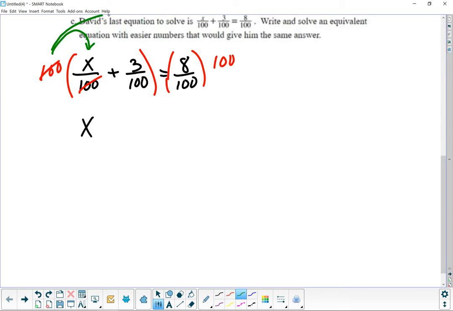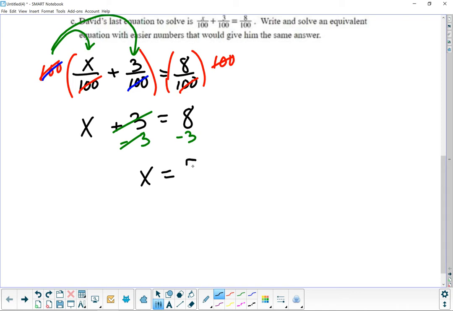And then 100 times 3 over 100, and those 100s are going to cancel as well. And you get plus 3. And then these hundreds are going to cancel, and you just get 8. From here, all you got to do is subtract 3, and you get a final answer of 8 minus 3, or 5. So the answer is x equals 5.